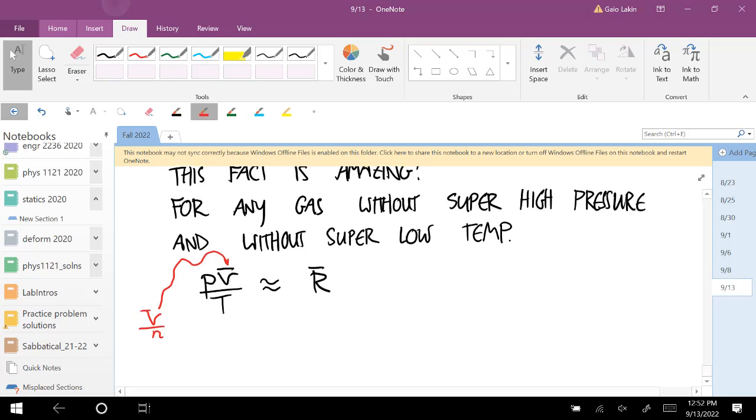And this is the universal gas constant. It's 8.314 kilojoules per kilomole times Kelvin, which means it's also 8.314 joules per mole times Kelvin.